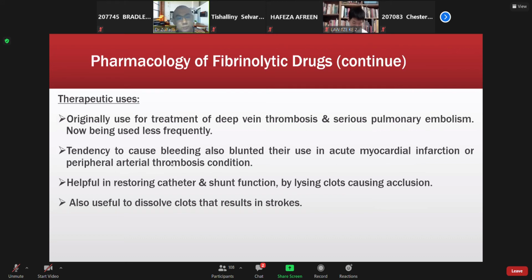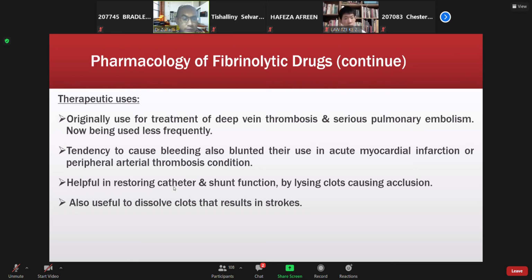But now the use of fibrinolytic drugs to treat these two is less, because there are alternative drugs that have fewer adverse effects. Fibrinolytic drugs have a tendency to cause bleeding, which also blunts their use in acute myocardial infarction or peripheral arterial thrombosis.